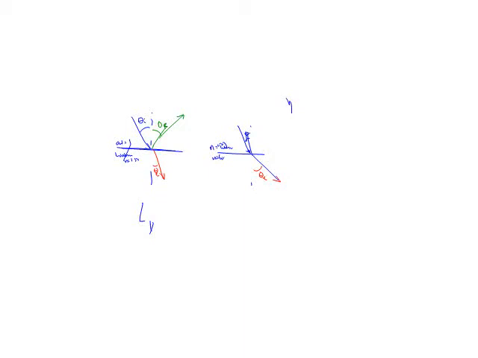Now with total internal reflection, we have our surface, let's say that this is a piece of glass or like a fiber optic cable.